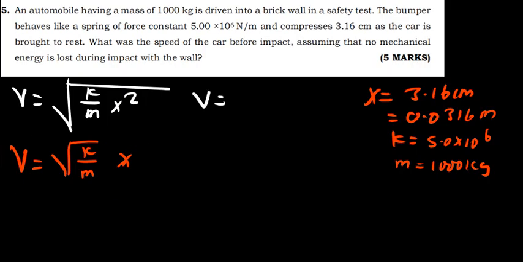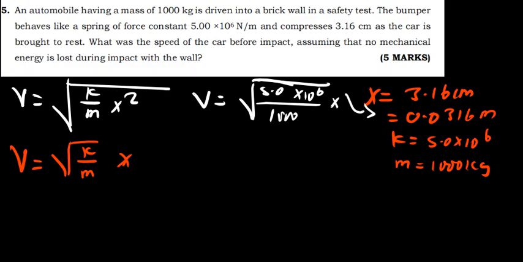V is equal to, the k value is 5.0 times 10 raised to the power 6. I divide that by the mass, which is 1000. Then times the x value.